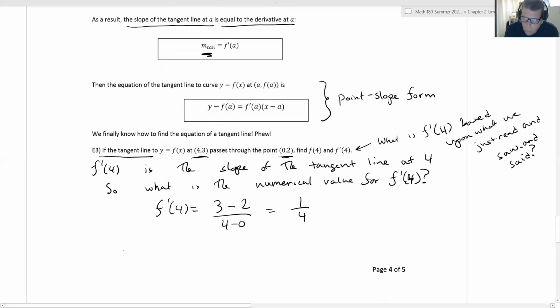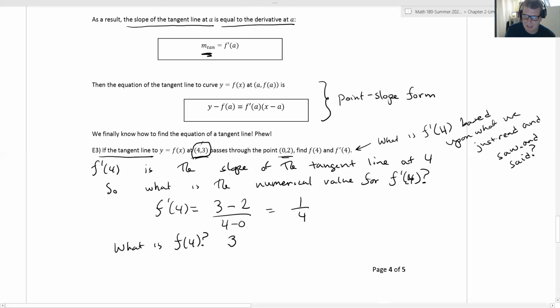Okay. What is f of 4? You guys got to get that. That's the relationship between the point and how we write the point and what it means in functional terms. F of 4 is 3.